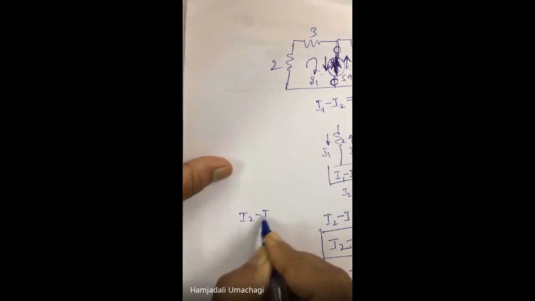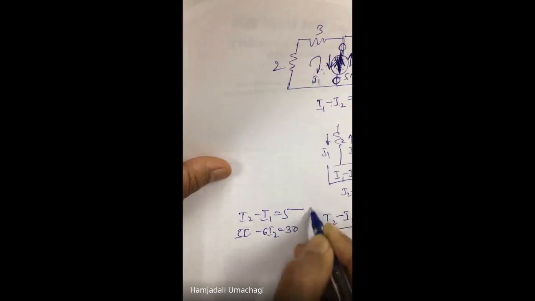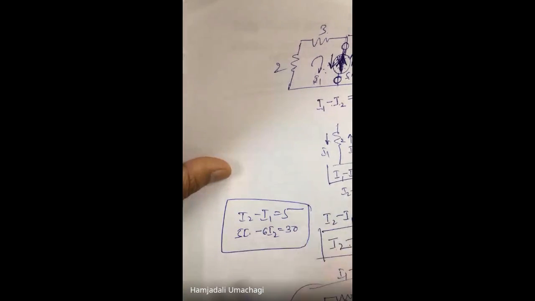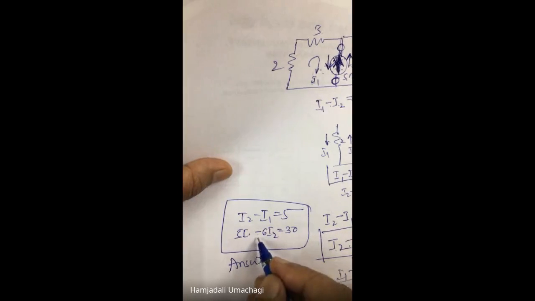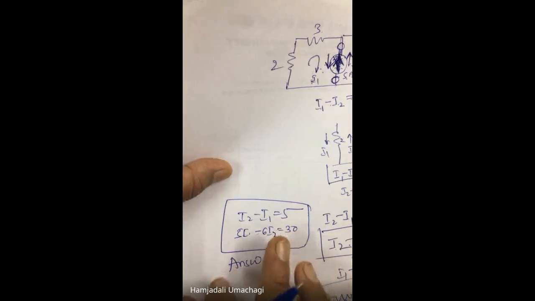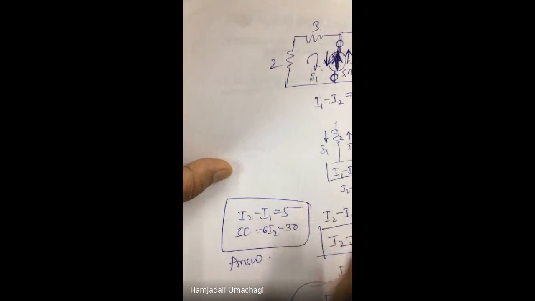I2 minus I1 equal to 5 and 5 I1 minus 6 I2 equal to 30. You solve these equations and let me know the answer. I am not going to solve them. You have learnt this at school level. That's why yesterday I gave you 2 examples to solve these equations.